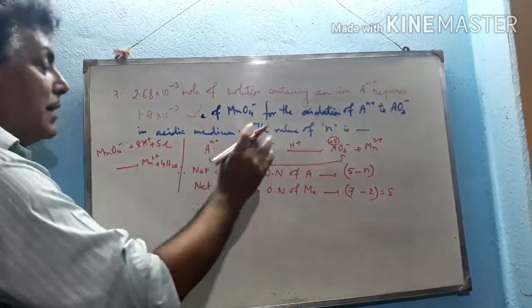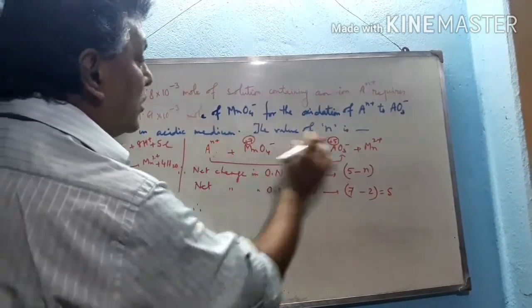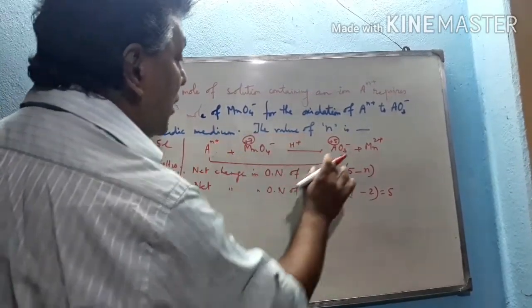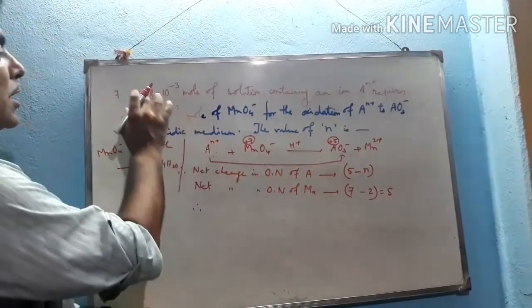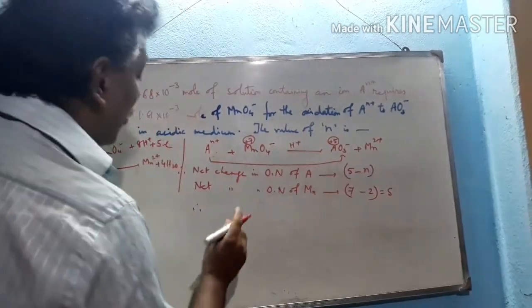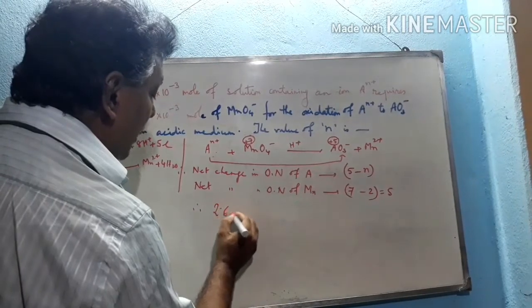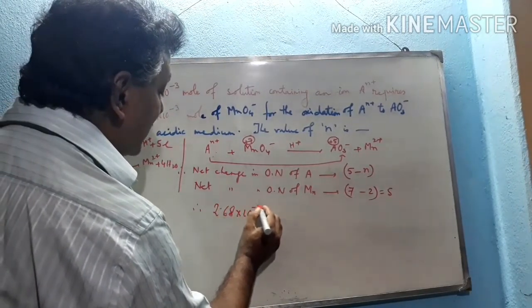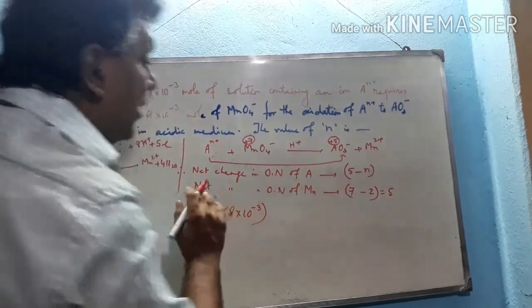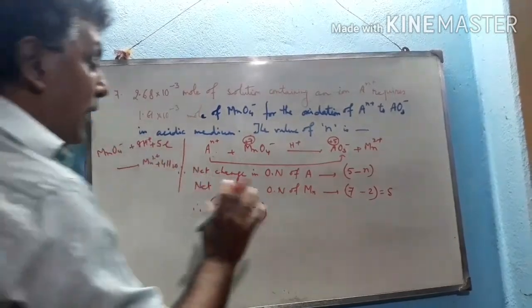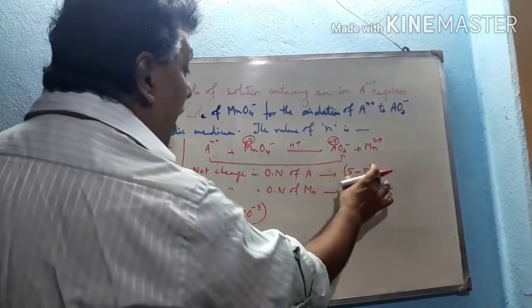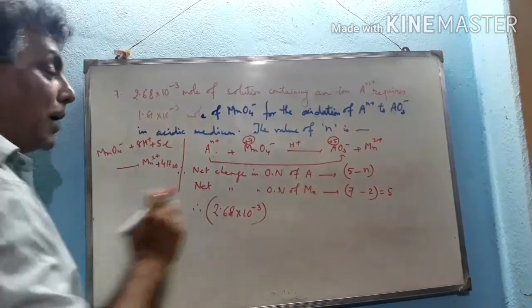So now for this equation we can find out the total change for An+ to AO3-. The concentration of An+ is 2.68 into 10 to the power minus 3 mole. Total electron transfer on both sides must be equal. So per mole, 5 minus n moles of electrons will be transferred.